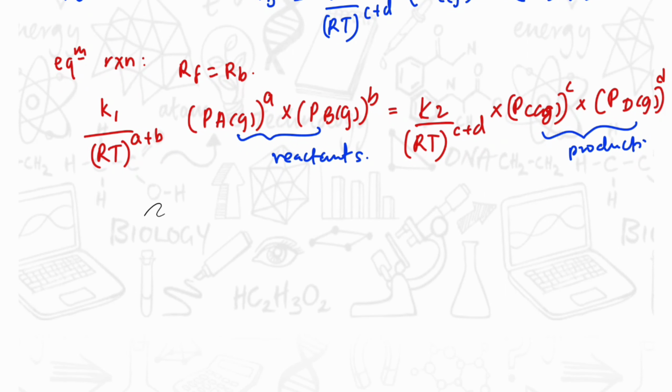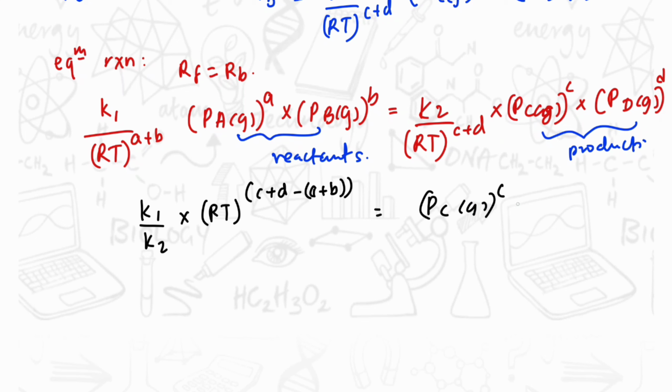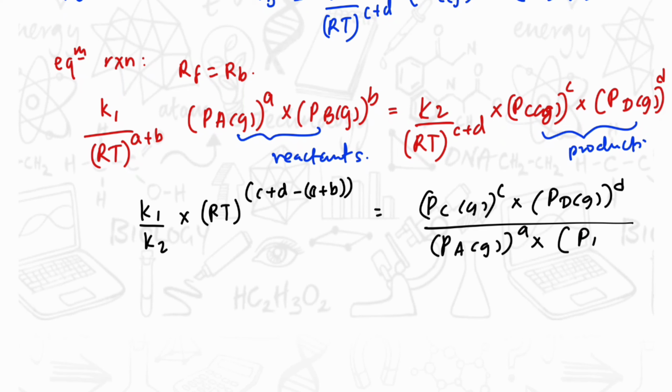So if we subtract K1 over K2 times RT, this will be C plus D minus A plus B. We get partial pressure of C to the power small c and partial pressure of D to the power small d, divided by partial pressure of A to the power small a and partial pressure of B to the power small b.